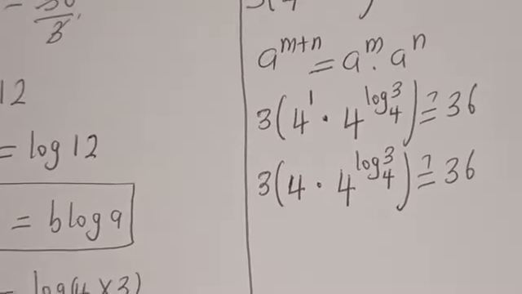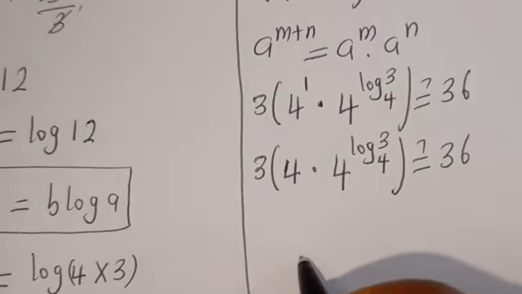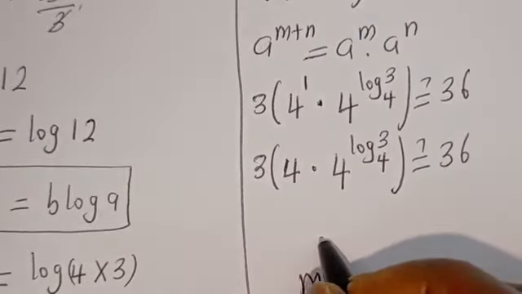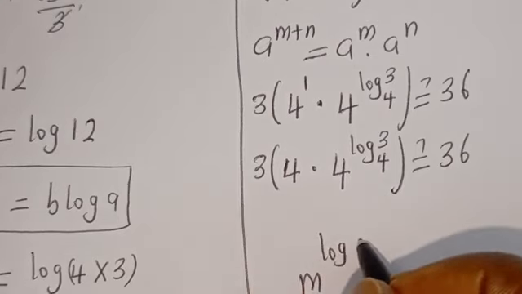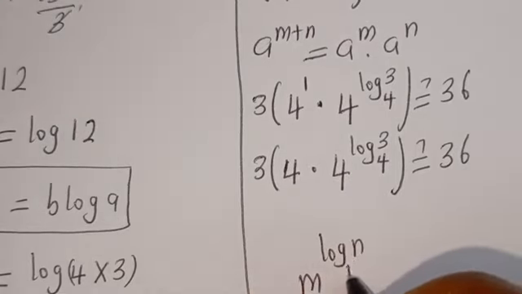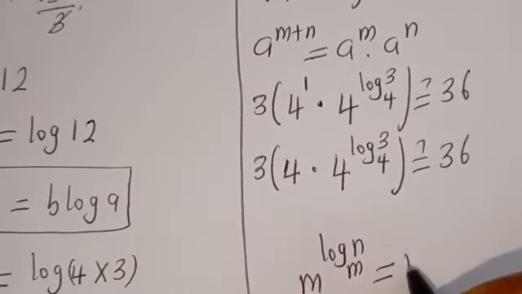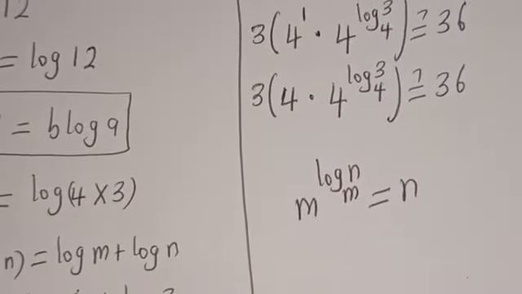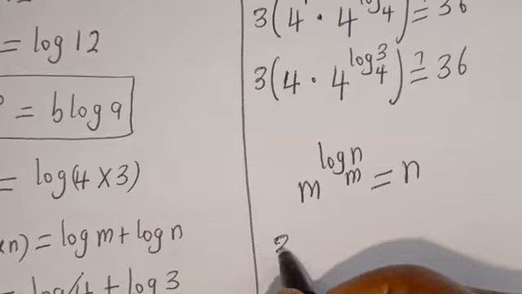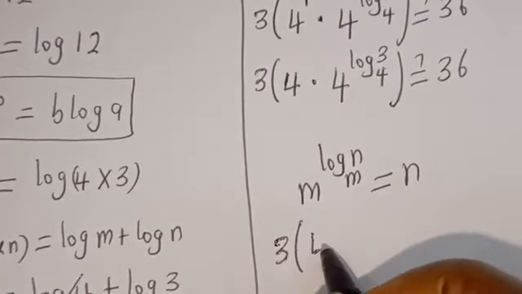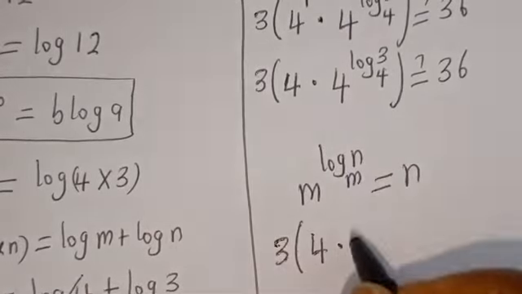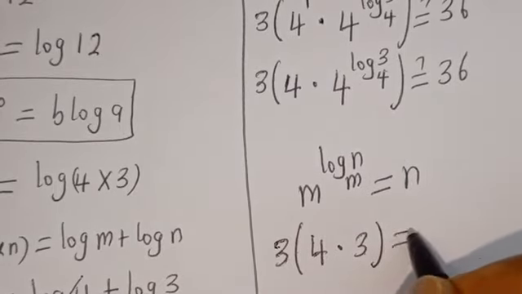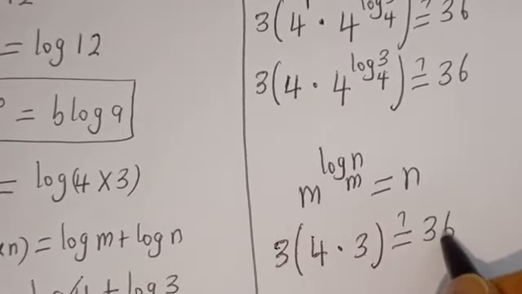Also take note of this, that if you have m to the power of log n base m, this is equal to n. Then this becomes 3 bracket 4 multiplied by the whole of this is 3 must be equal to 36.